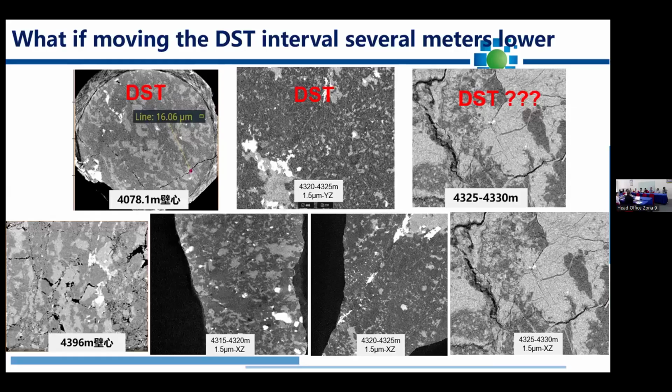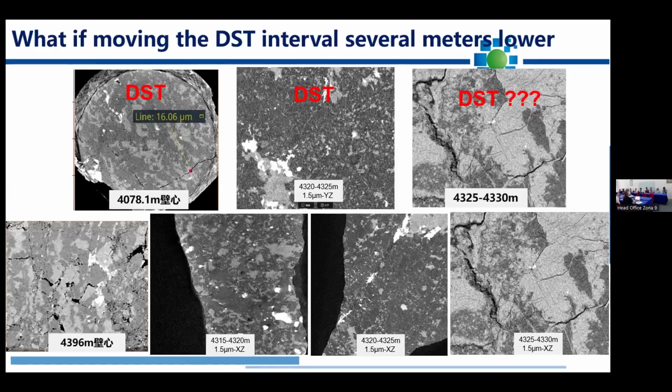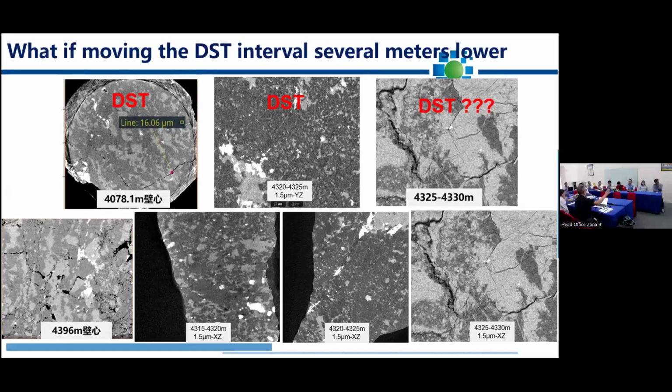One is for MDT. I heard someone mention that one of the challenges for a tight reservoir is that it's very difficult to get a high success rate. You wish you had people, together with wireline, to help you understand where the reservoir quality is better, so I can have a better chance of a good MDT test.